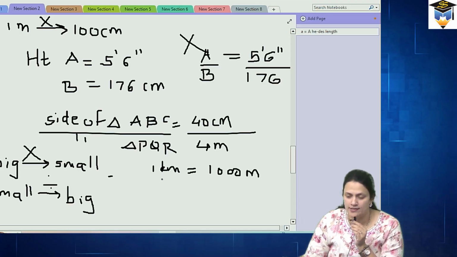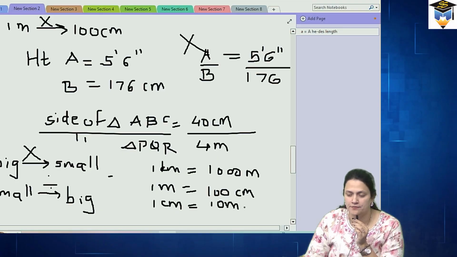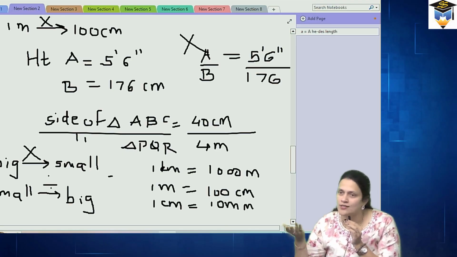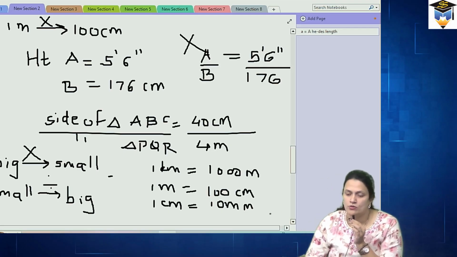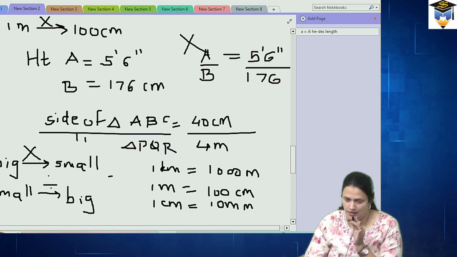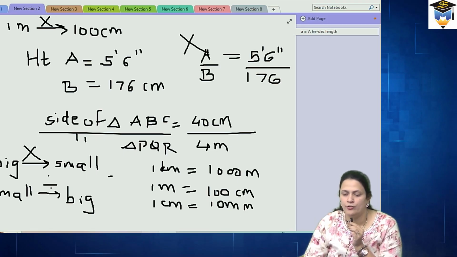These are the basics, but I'm going to take all the basics. 1 meter is equal to how many centimeters? 1 centimeter is equal to how many millimeters? 10 millimeters. Similarly, 1 liter is equal to 1000 milliliters. So I guess this is about it, but please write this down: big quantity to small quantity multiply, small quantity to big quantity divide, and all these basics. Have you written it down?